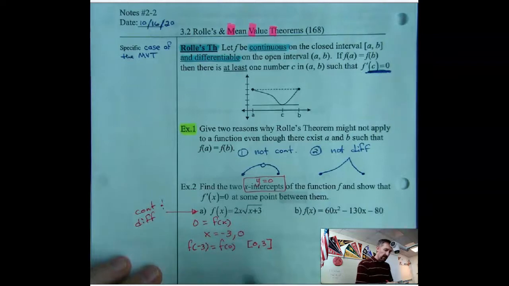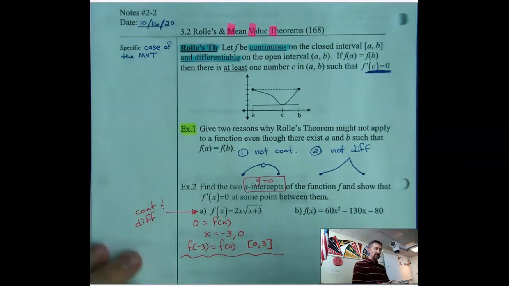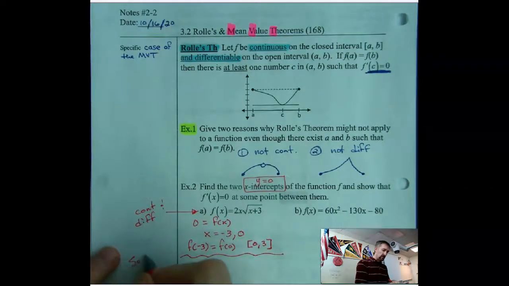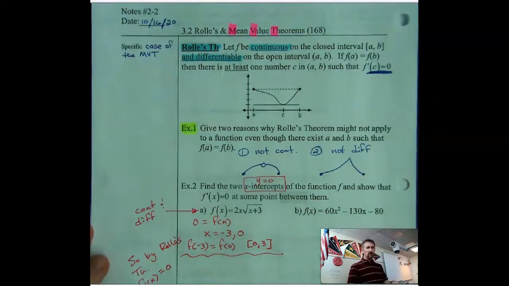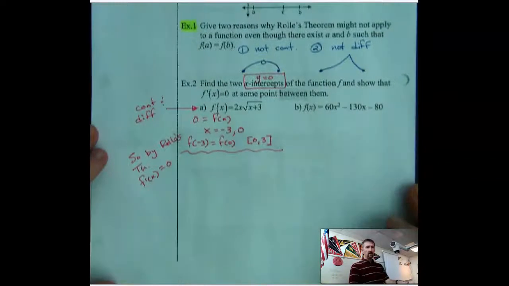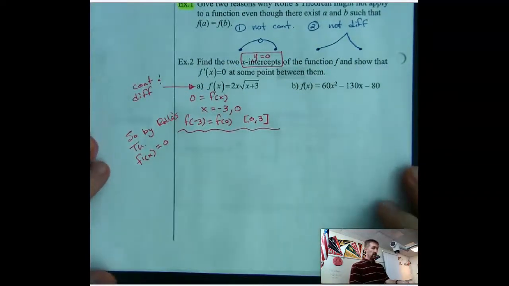So we know it's continuous and differentiable, so we know that Rolle's theorem applies. So by Rolle's theorem, f prime of x has to equal 0 somewhere in there. Okay, so let's move that up a little bit.